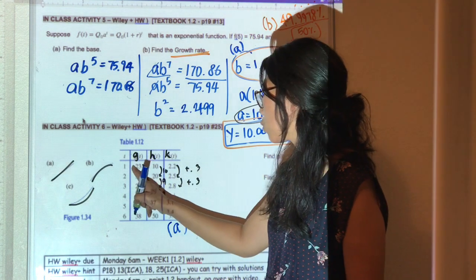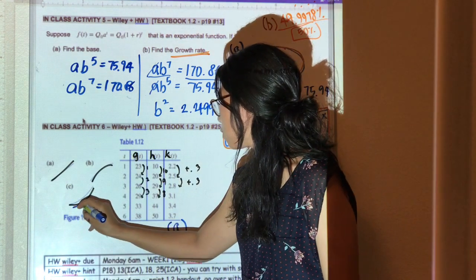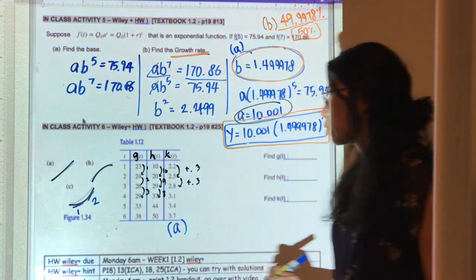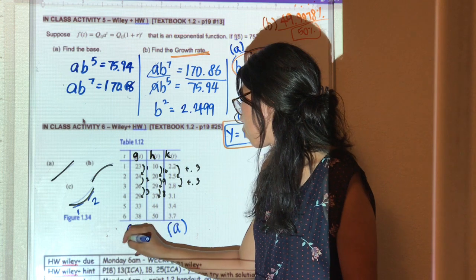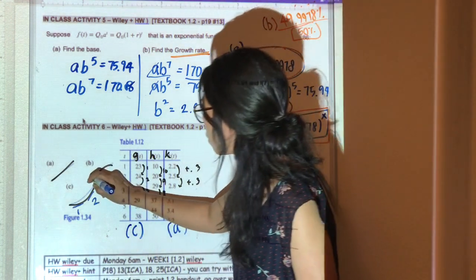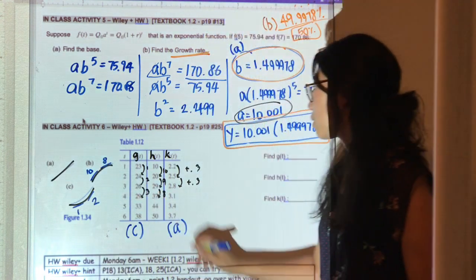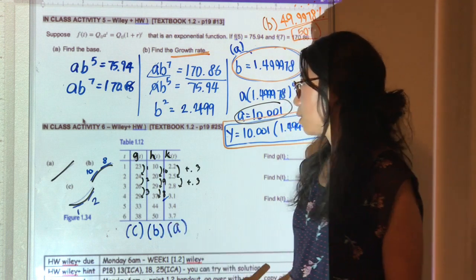And if you look at the g function and h function, the g function first increased by 1, and after that it increases by 2. So each time it's going to increase faster. So the g function represents graph C. And for the h function, first your slope was 10, and then it's slowing down to 8 here. So your function will be b.